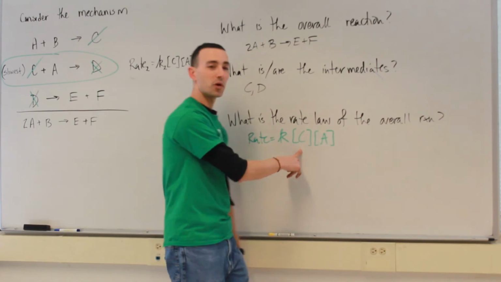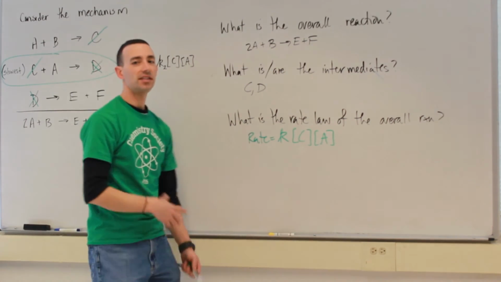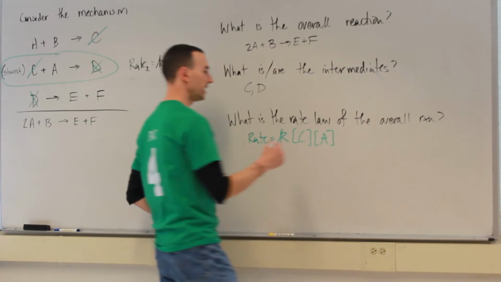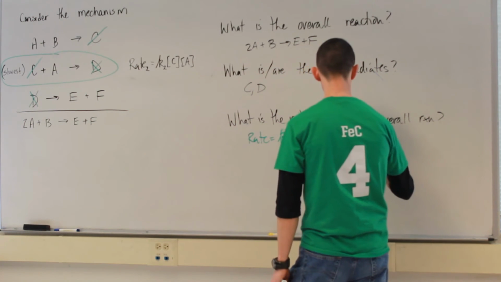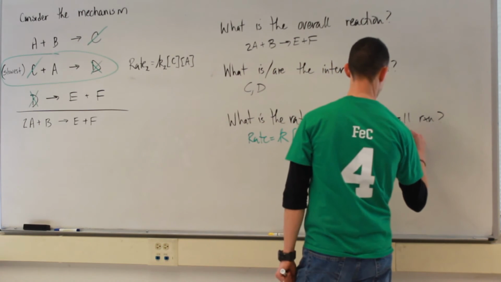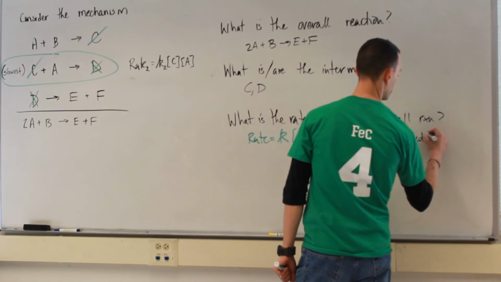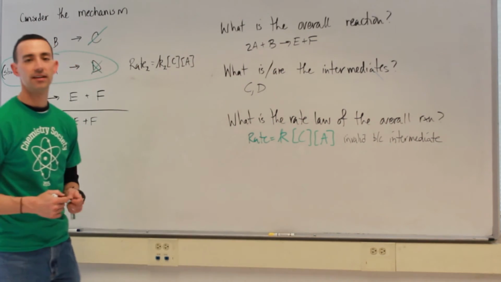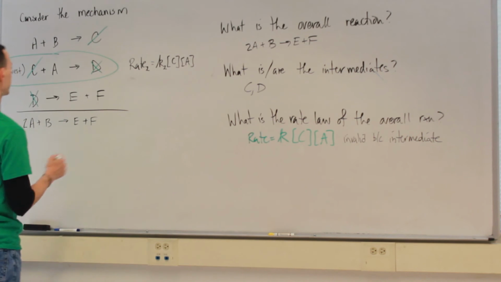C is not a chemical that you have present. C is an internal part of this process. And so this is an invalid rate law because of the intermediate. So we have to get rid of the intermediate. And there's a sneaky little trick to that.